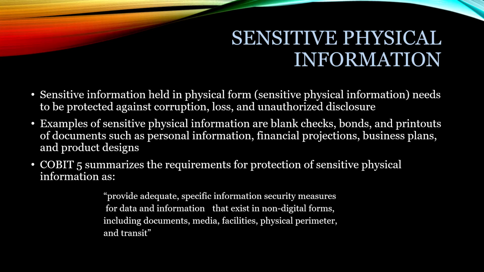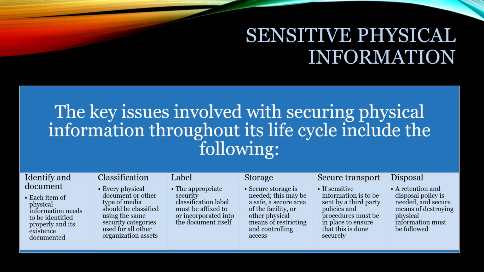COBIT 5 summarizes the requirements of protecting sensitive physical information as providing adequate, specific security measures for data and information that exists in a non-digital form, including documents, media, facilities, physical perimeters, and transmission of said information. Key issues involved with securing physical information throughout the life cycle include identifying the documents, classifying the documents, labeling, storage, secure transportation, and disposal and destruction of said physical documents.